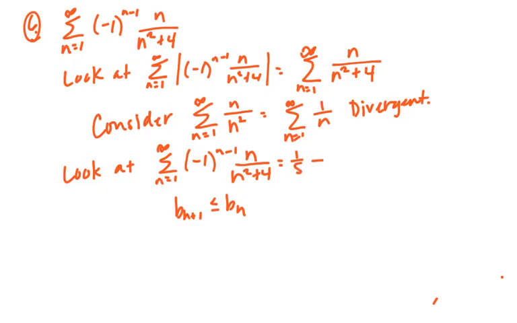If we put in 2, we have a negative 2 over 8, which is 1/4. 3 would be positive, 3 over 13. 4 would be negative, 4 over 20, which is 1/5. 5 would be 5 over 29.